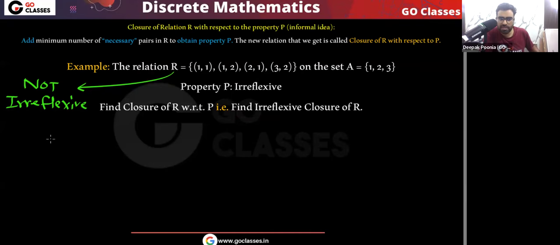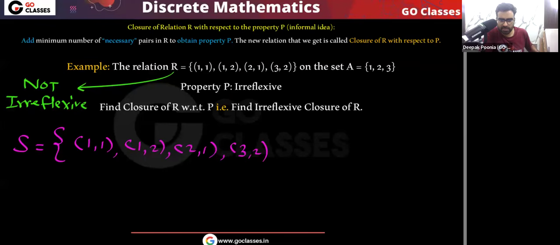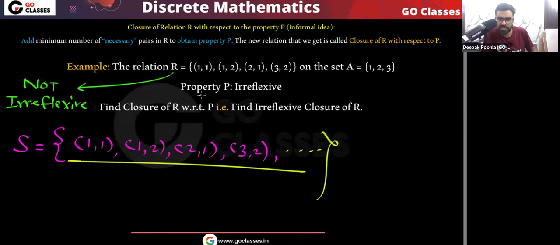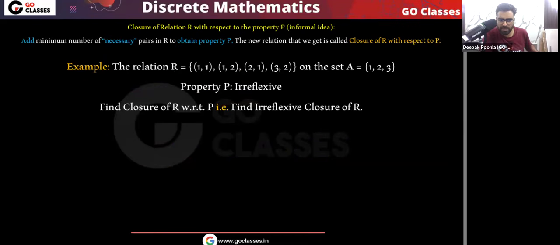Do you agree with me? Because whatever I add here, (1, 2), (2, 1), (3, 2), basically if I add anything here, this will never satisfy irreflexive property. Very simple point. This is not irreflexive.